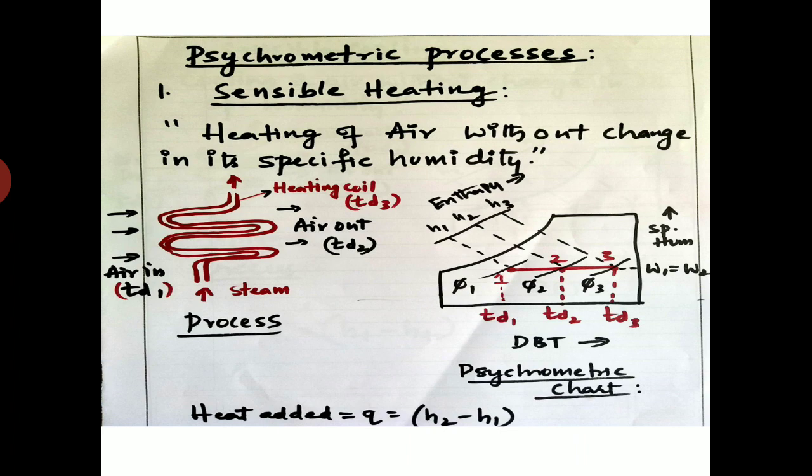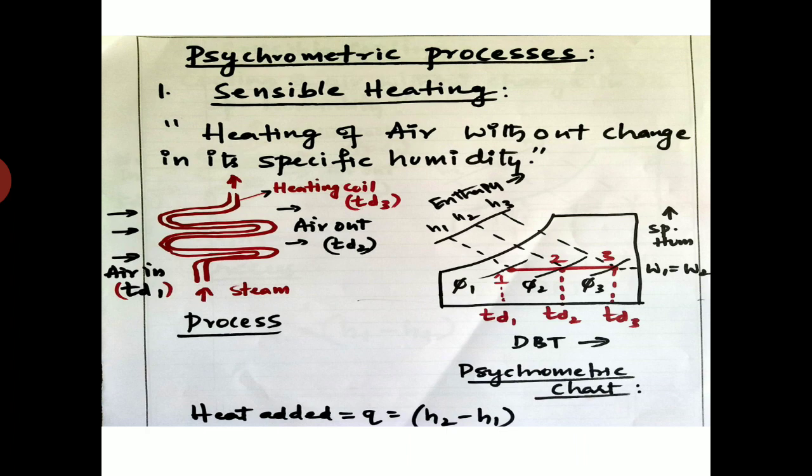On the psychrometric chart, the dry bulb temperature increases from TD1 to TD3. Suppose for example it starts at 20 degrees Celsius. When I go on heating, the dry bulb temperature increases, TD1, TD2, TD3, with corresponding relative humidity values phi1, phi2, phi3. The process is 1, 2, 3, and W1 is equal to W2, so there is no change in specific humidity.